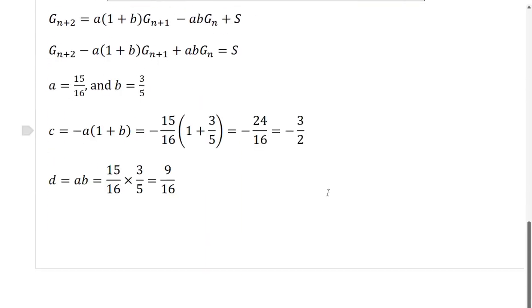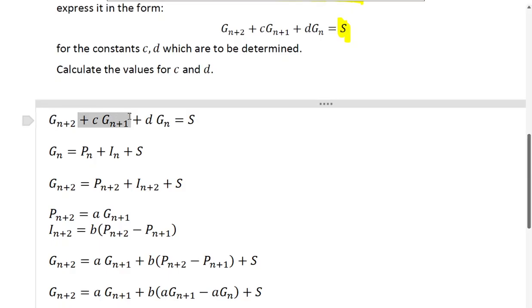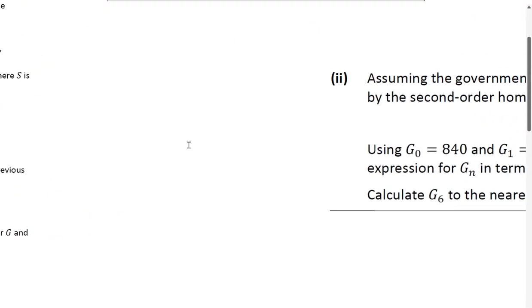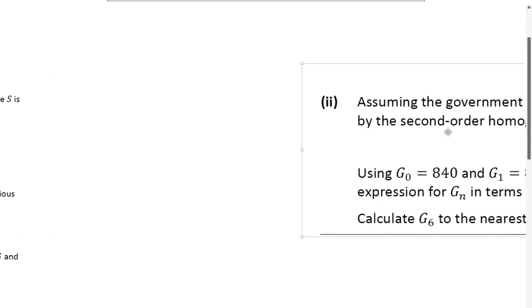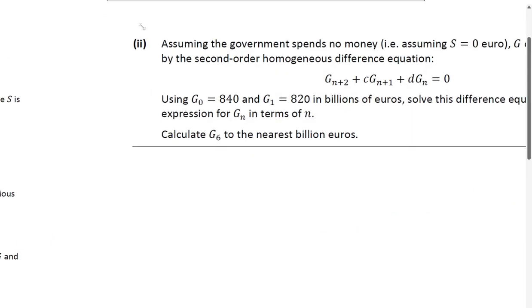Okay, cool. So I'm just going to take this thing here because I know the next part is going to require this. So we found C and D, and again pause it and come back. Now this here is part 2. I'm just going to shrink that a lot so it fits.